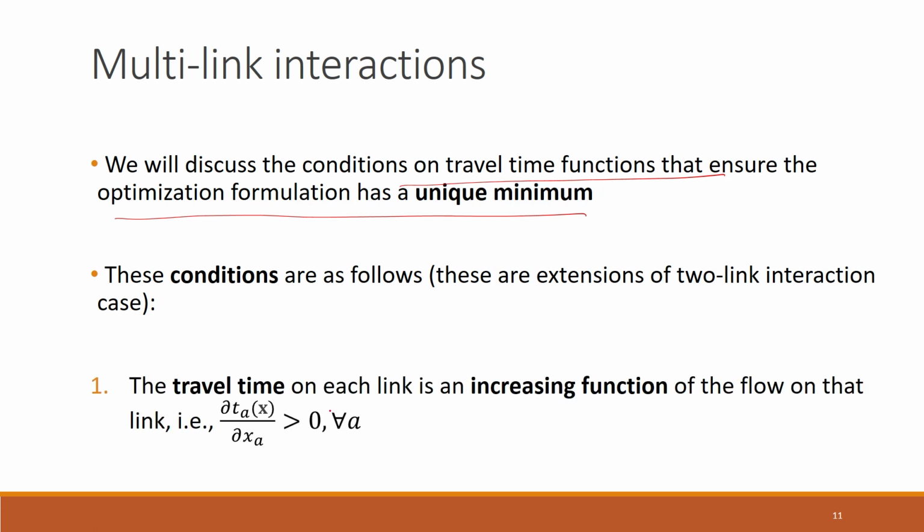First is that the travel time on each link is an increasing function of the flow on that link. You take the derivative of the travel time on link A with respect to the flow on link A, and that should be positive. This is the same condition that we had seen in the case of two link interactions as well.